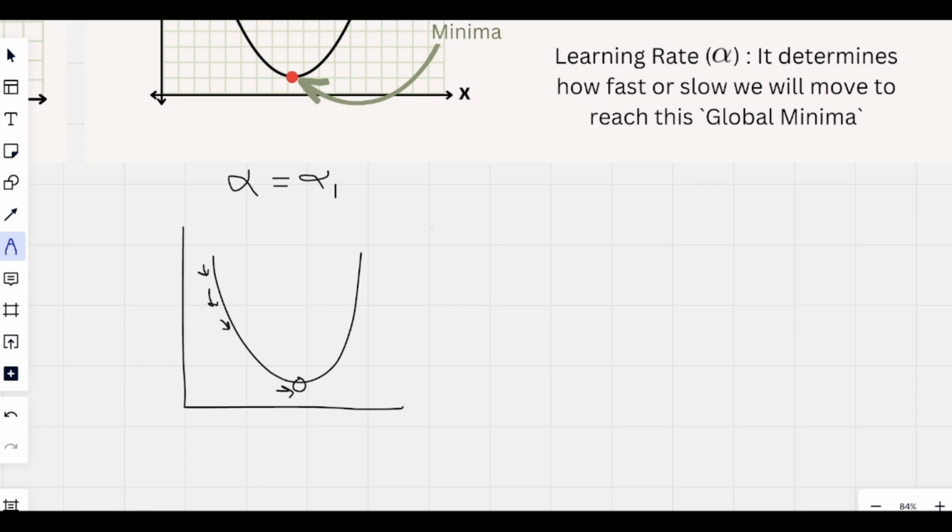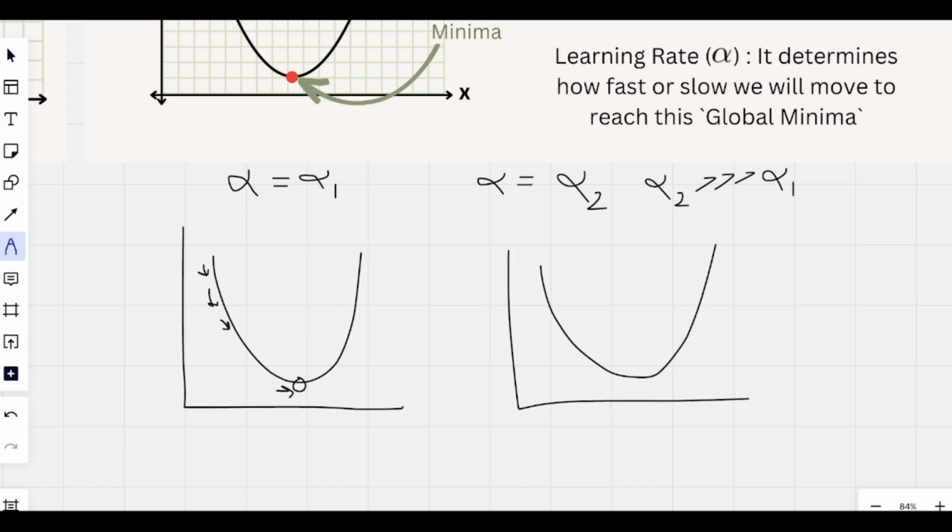So now you will consider some new learning rate which is very large. Let's say we are considering some learning rate alpha 2, and this alpha 2 is very large, much larger than your previous learning rate, alpha 1. Now in this case, it will take very large steps to reach this global minima, due to which it will overshoot the condition.